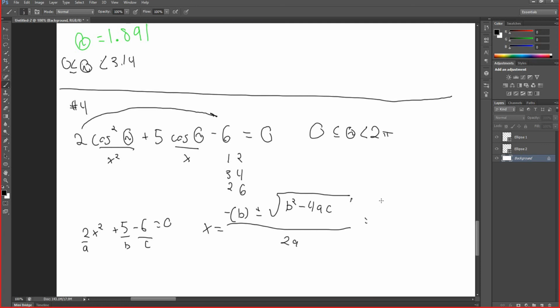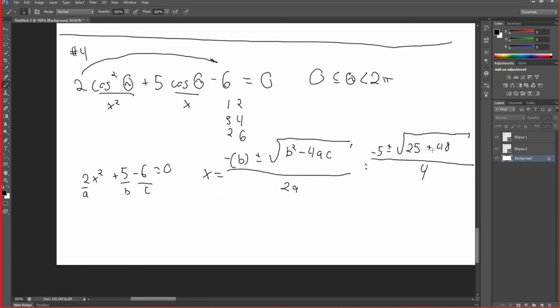So I'm going to have negative 5 plus or minus the square root of b squared, which is 25, minus 4 times 2, which is negative 8. Negative 8 times negative 6 is plus 48, all over 2 times 2, which is 4. This is going to give me 73. So negative 5 plus or minus square root 73 all over 4.